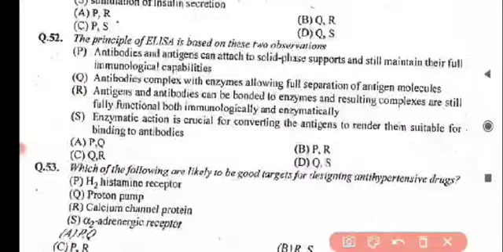Now the next question is, the principle of ELISA is based on these two observations, and these two observations are P and R, that is antibodies and antigens can attach to solid phase supports and still maintain their full immunological capabilities, and antigens and antibodies can be bonded to enzymes and the resulting complexes are still fully functional both immunologically and enzymatically.